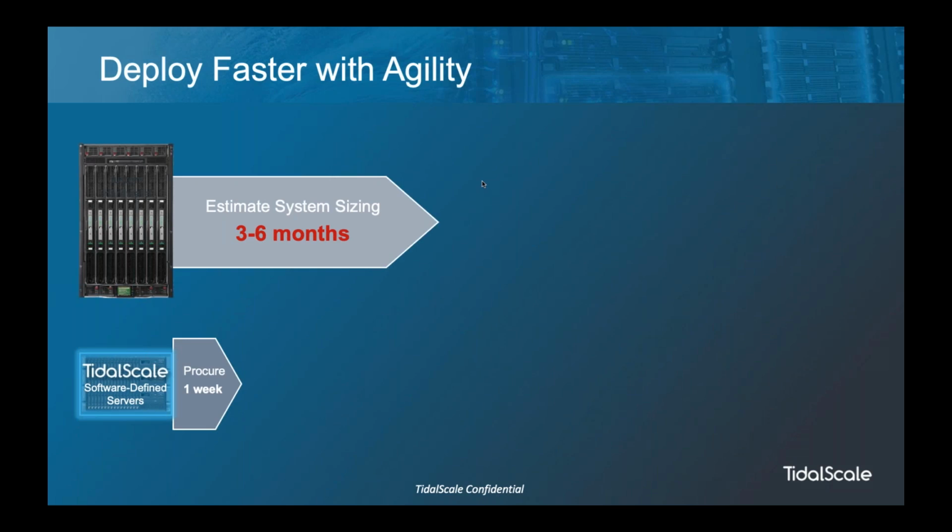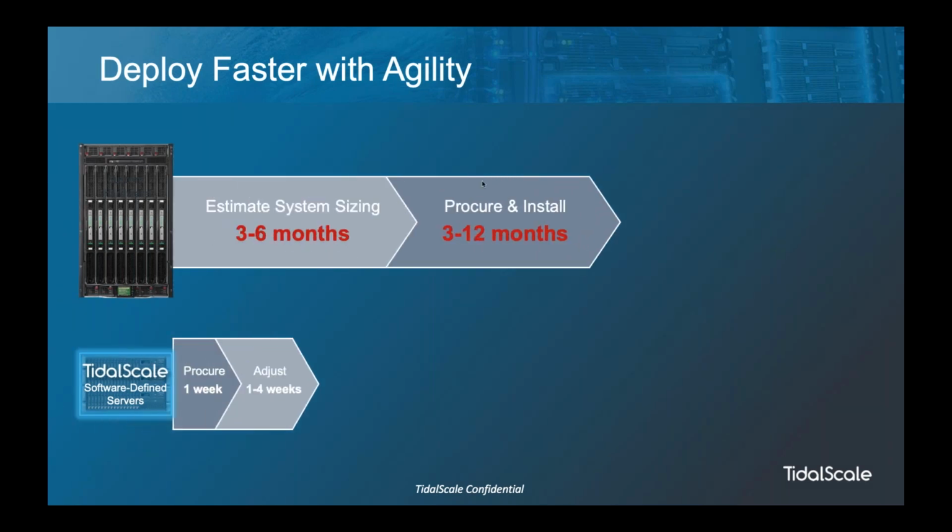And we'll talk about how we do that, but we're going to go really deep and try to figure out what we're going to need. Once we figure out what size we need, we're going to go and procure that. Might run an RFP, we're going to talk to multiple vendors, maybe a proof of concept. Then they have to go make one of these unicorns and ship it to us. And that's going to be 3 to 12 months, depending on where you are in the world and how global availability is for these servers.